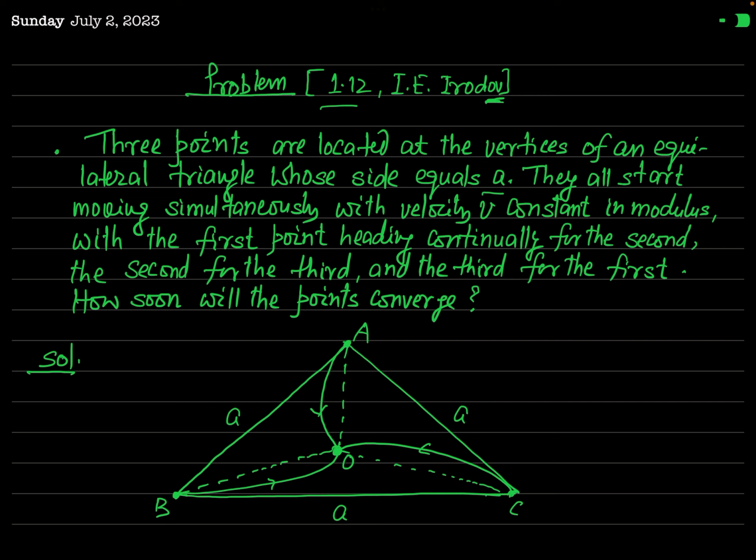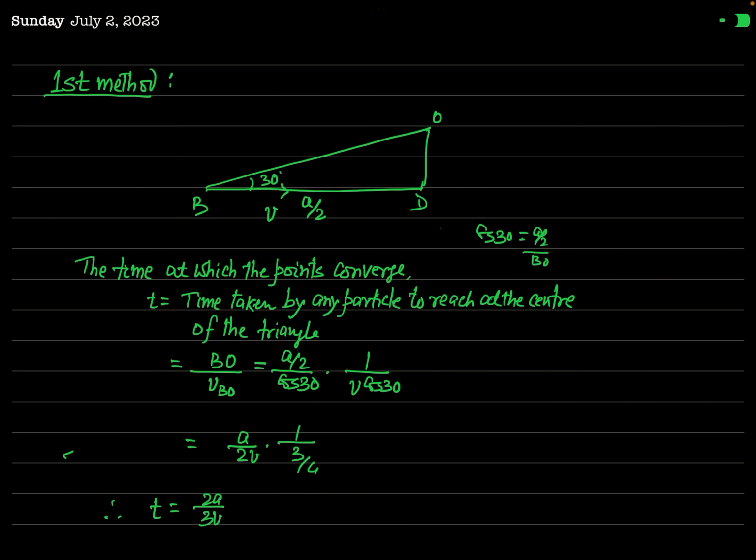In fact, the path of motion will in general be a curved path, but if you think about the displacement of the particle, that will simply be BO. This directed line BO will represent the distance. And if we know the velocity of the particle along this direction BO, then we can easily find the time taken by the particle B to reach the point O.